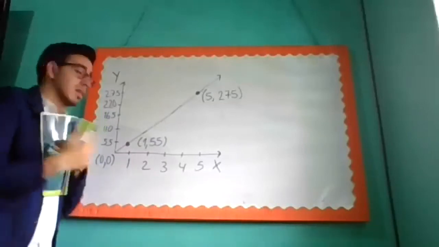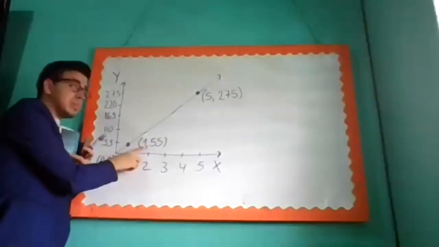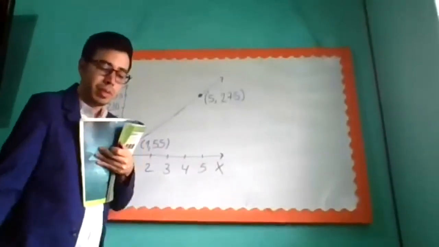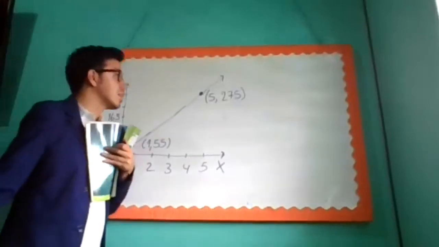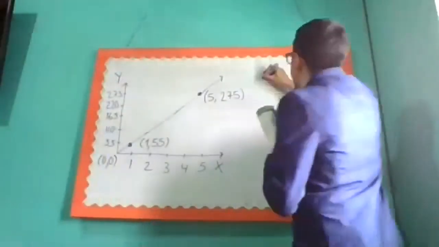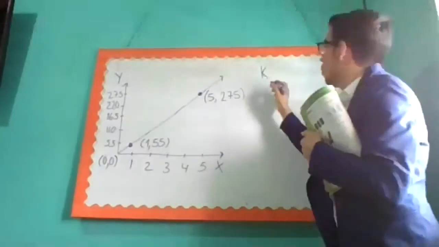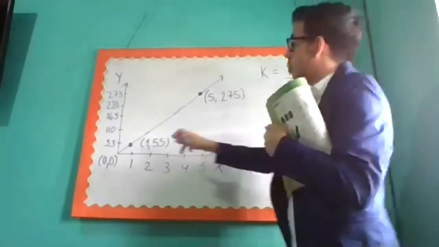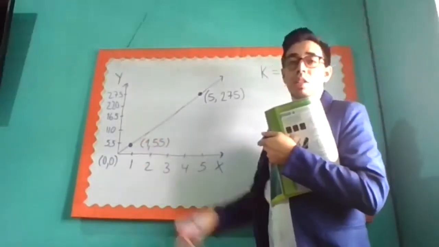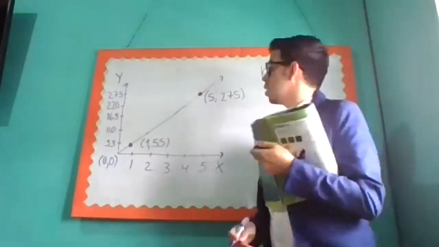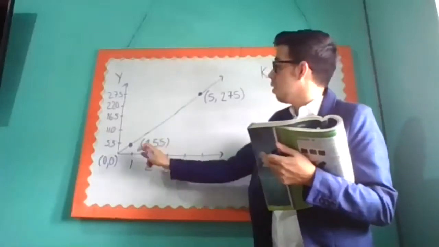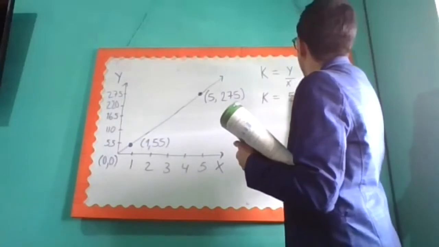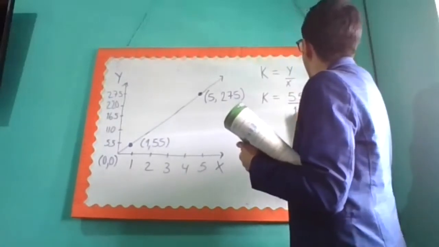But in this case, x is 1, and the formula states that k is equal to y over x, but you already have that x is 1, so your answer is not going to change. So I can divide 55 over 1, as the constant of proportionality is only this 55 over 1.